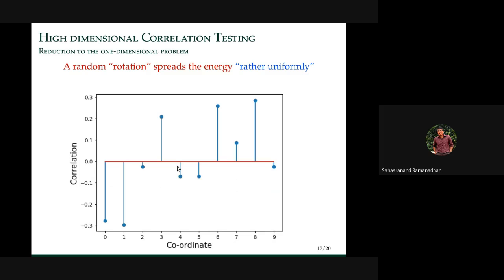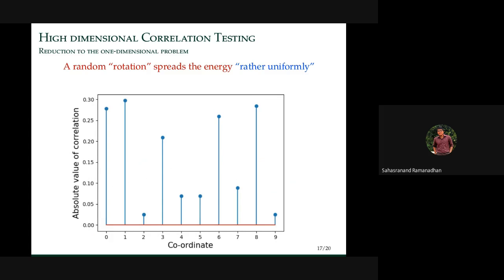Here you can notice that the correlation is more or less spread uniformly. Rather, none of the coordinates have too low a correlation with y. So you can pick one of the coordinates and just run the one-dimensional test on that coordinate with y. Here I plotted the absolute value of correlation. You can see that more or less all of the coordinates have absolute value greater than, say, 0.05. So it's not too bad.